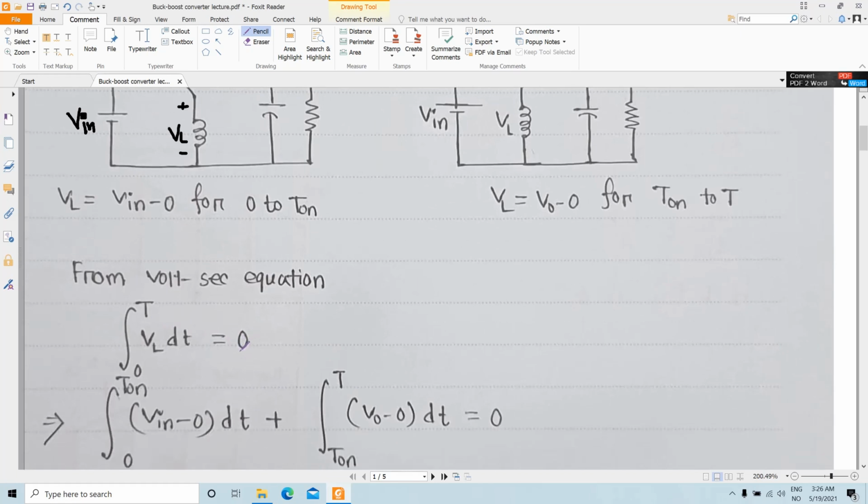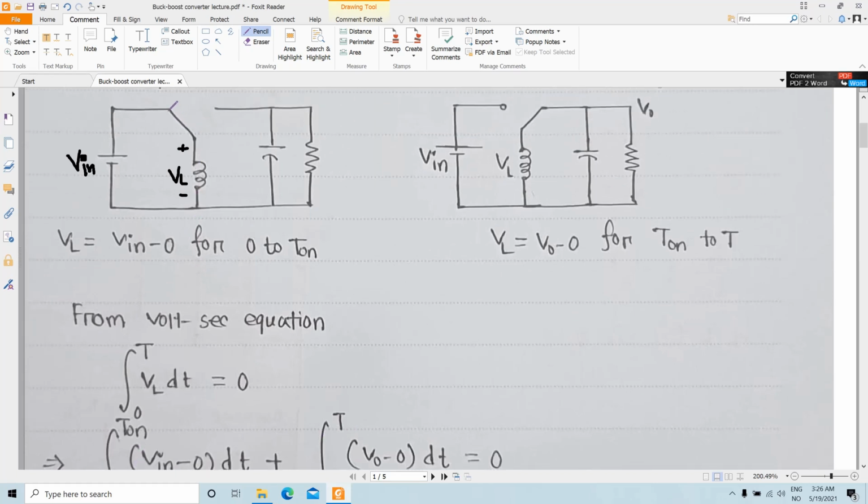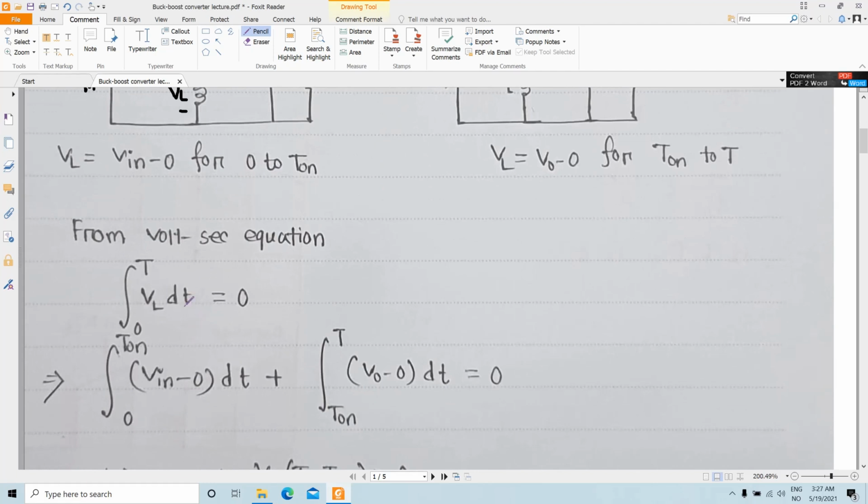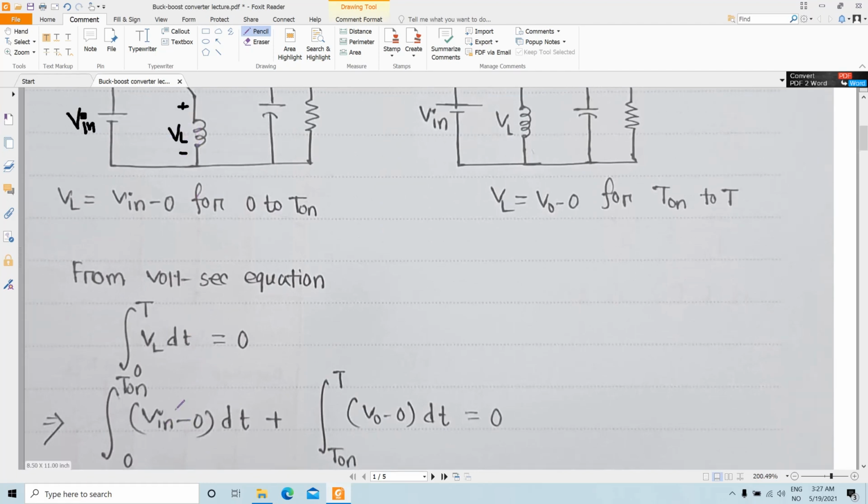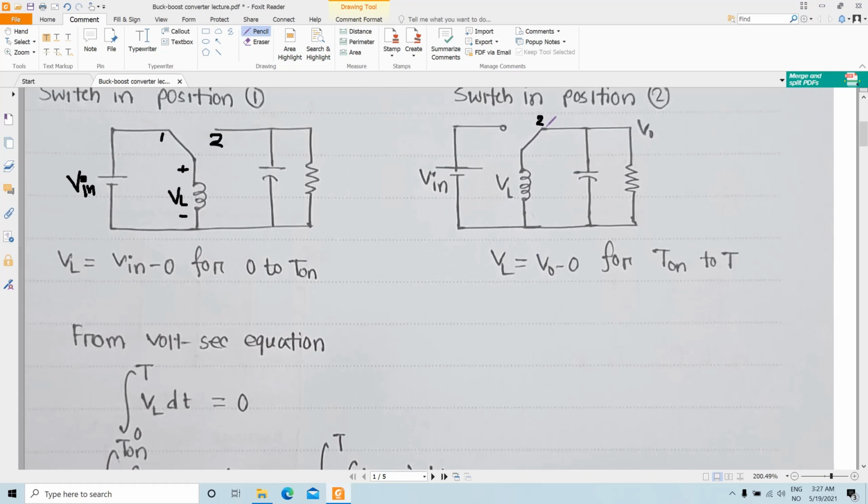If we split it into two parts, from 0 to T on and from T on to T: during 0 to T on, the switch is connected to position number 1, so this is position 1 and this is position 2, and our VL is V in, integrated, plus during the time from T on to T, the switch is connected to position number 2, and our VL is V out.